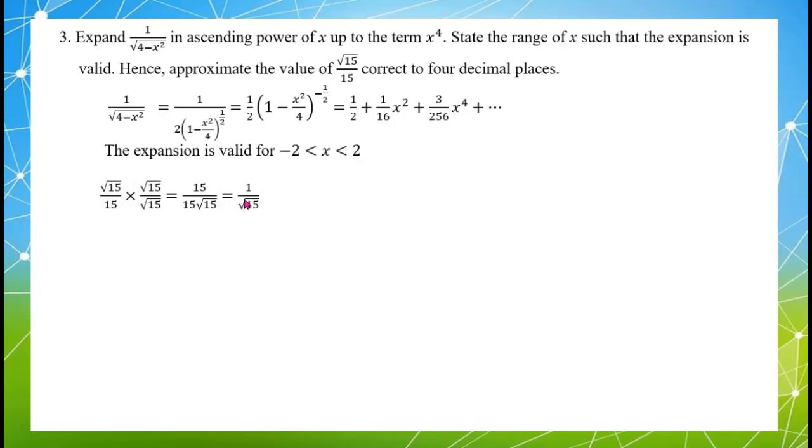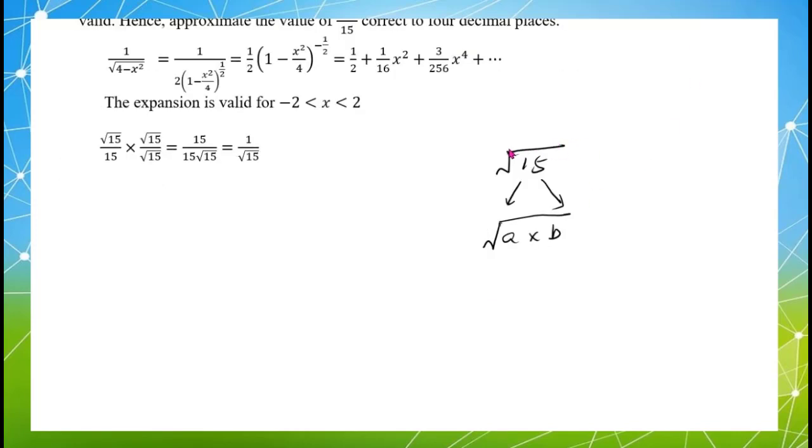Now I compare the value here with the value inside the brackets. I found that 15 is not approximate to 1. So now I need to separate 15 into two values, A multiplied by B, where A times B is equal to 15. Since it is square root of 15, for the value of A we must choose a square number, so we can choose 4, 9 or 16.